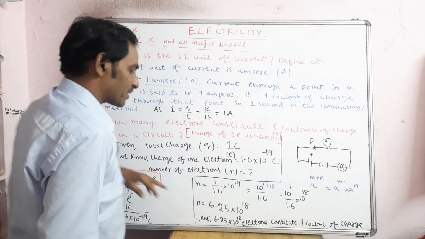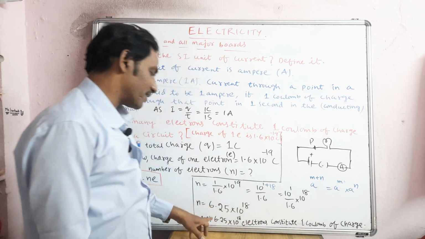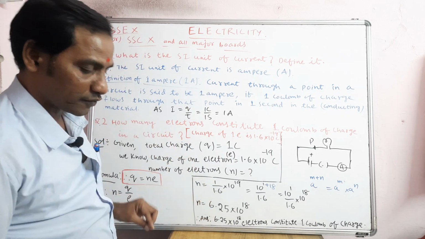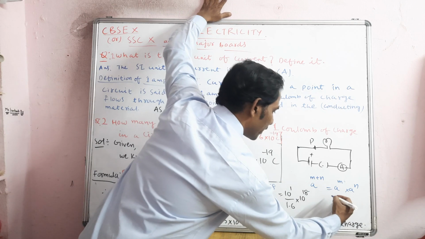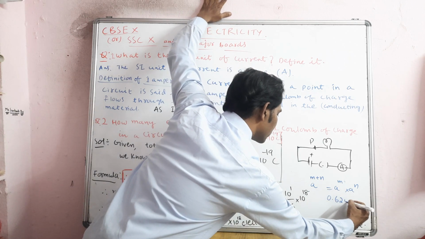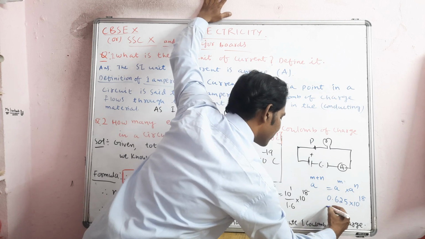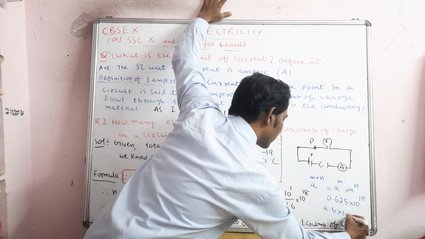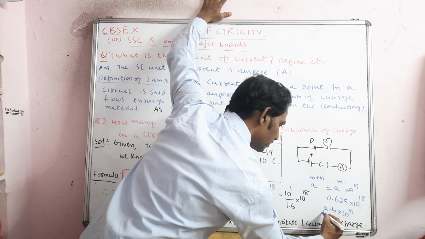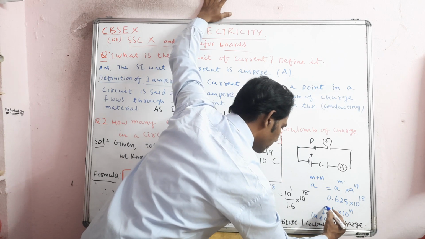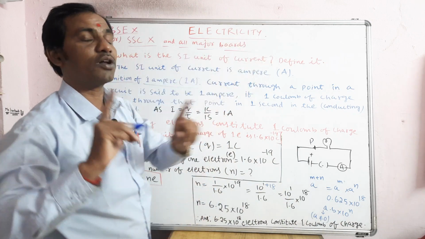The reason I am saying this is that if you divide 1 by 1.6, you will get 0.625, and 0.625 is not the standard way to write answers. The scientific notation should be a dot b into 10 to the power of n, where a should not be equal to 0. Whatever the first number to the left of the decimal is, it should be a non-zero number.